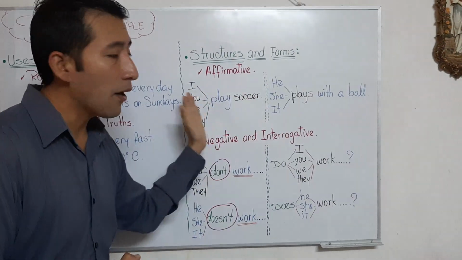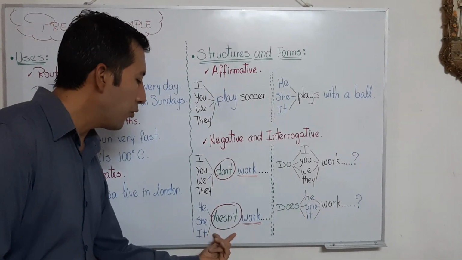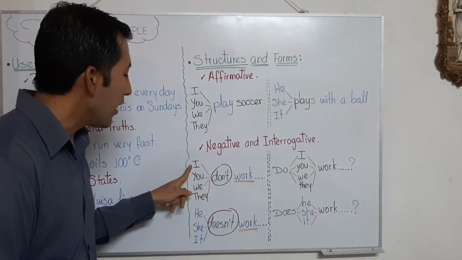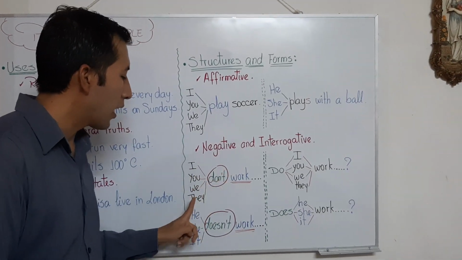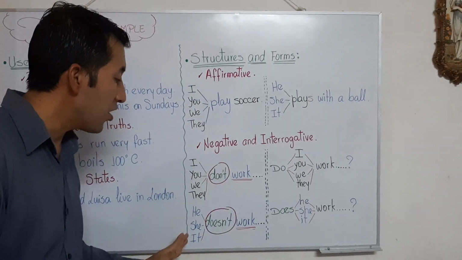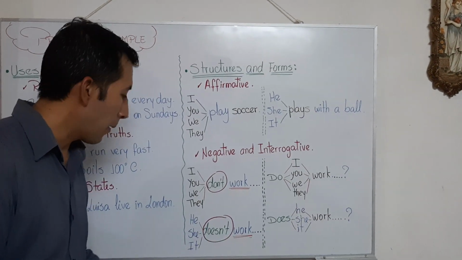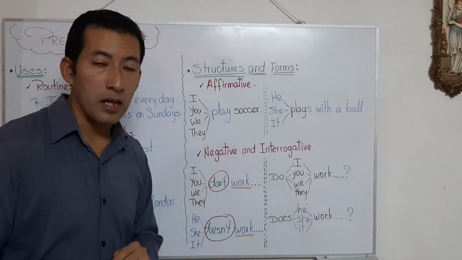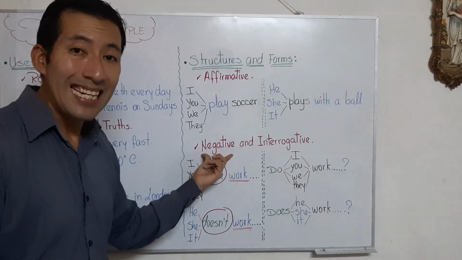And you remember we have two groups? What happened with the second group? He, she, it. We use does. So, I don't work, you don't work, we don't work, they don't work, and with the he, she, it form, we say he doesn't work, she doesn't work, or it doesn't work. We use doesn't or don't in negative.